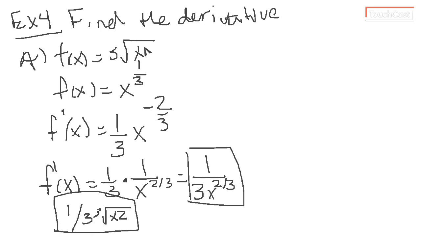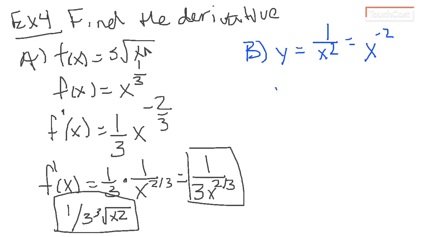Let's look at one more before we close out this video. We're going to look at part B to this example. We're going to have y equals 1 over x squared. And using that same idea we used with a negative exponent, we can rewrite 1 over x squared as x to the negative 2.